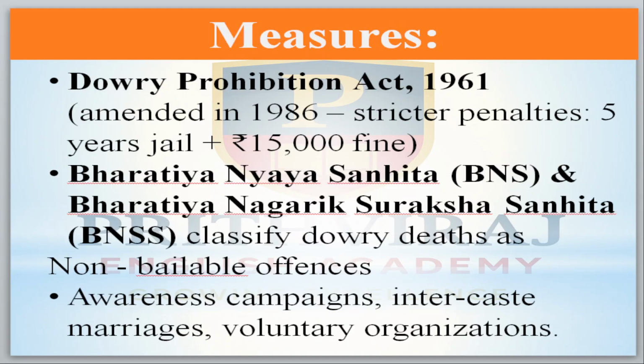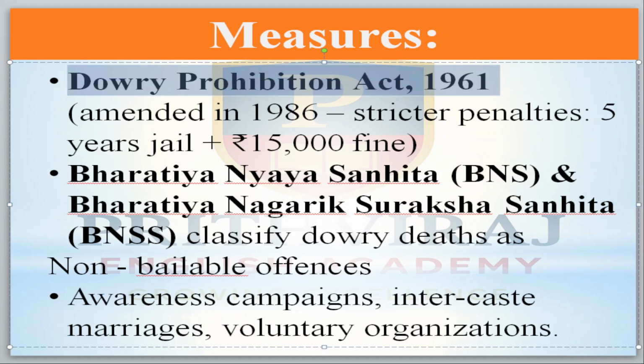Okay, now come to the measures. Dowry Prohibition Act of 1961, which was amended in the year 1986, provides penalties of 5 years jail plus a 15,000 fine.